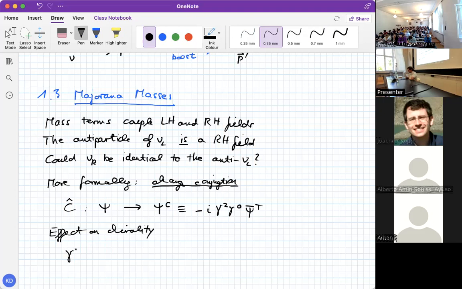And so the chirality of a particle is given by gamma 5 times the spinor. And we now want to know what the chirality of this charge conjugate spinor psi c is. So let's write it out. We multiply the gamma 5 matrix by psi c. We replace psi c by its definition. So we insert here minus i gamma 2 gamma 0 times psi bar transpose.